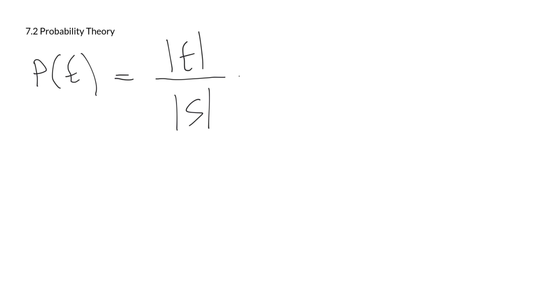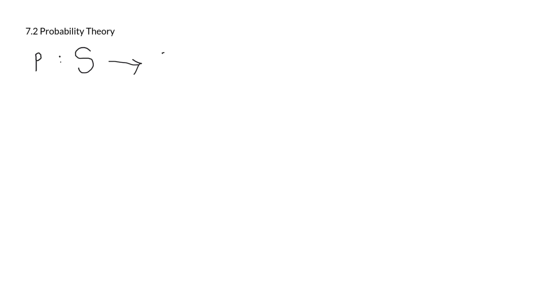So let me now start this section, but I just want to say that what we add to what we knew previously is the function little p that goes from the sample space into the numbers between 0 and 1.